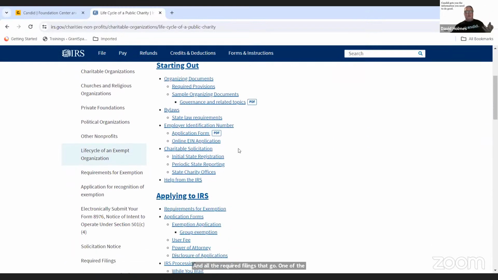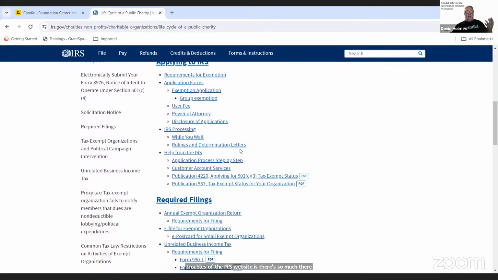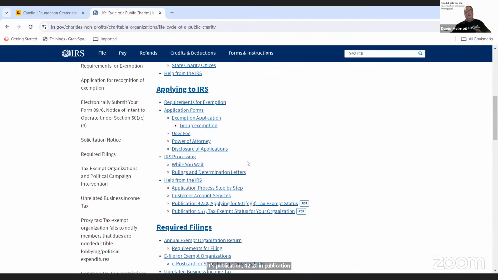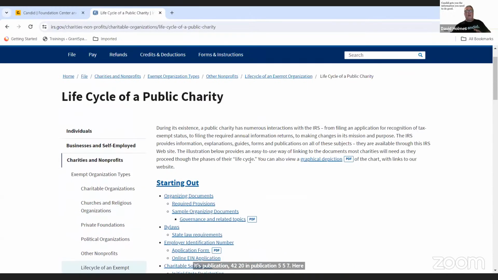The names of the forms don't make any sense. It's not like Form 1, Form 2, Form 3. It's Publication 4220 and Publication 557. Here on the life cycle of a public charity, they're all in a really clear space, and the links are all there in one place. So you might want to go find this on the IRS website and bookmark it.